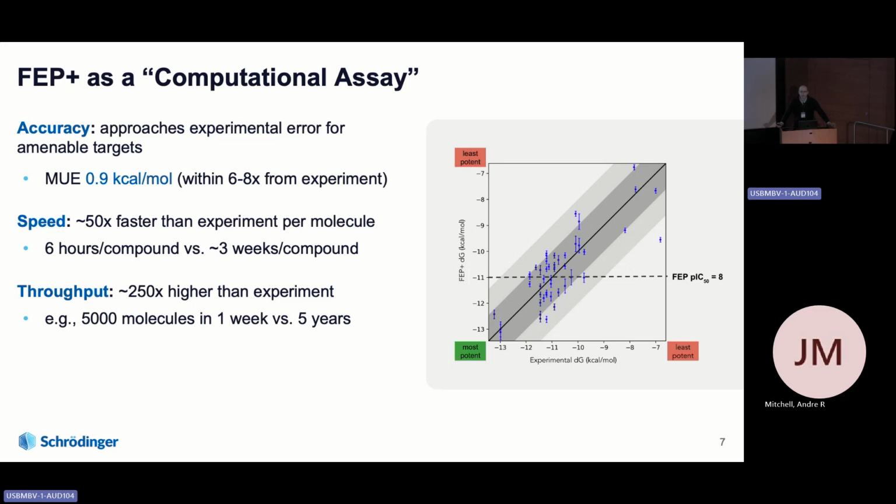When we're running these discovery programs, we are on weekly DMTA cycles, and we really need to be able to triage a lot of compounds in a short period of time. And FEP plus lets us do that because it's fast, and that gives us throughput that enables the team to ideate very, very broadly.